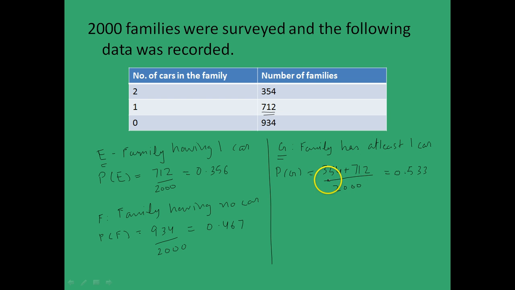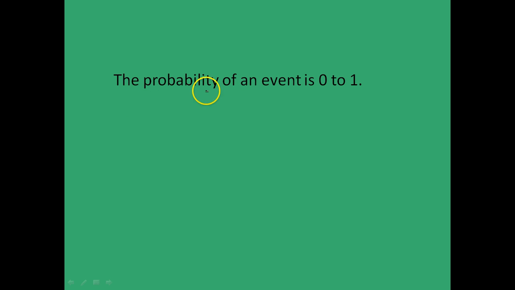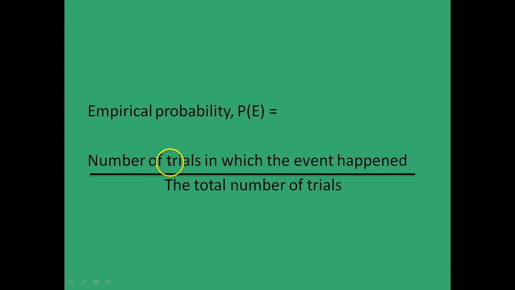So this is pretty much all there is to say pertaining to probability insofar as the scope of the course is concerned. Obviously, the calculation of probability gets much more involved, and that will be discussed in higher classes. An additional comment I wish to make is that the probability of an event is always between 0 and 1, because if you look at the definition itself, it says the number of trials in which the event happened and the total number of trials.